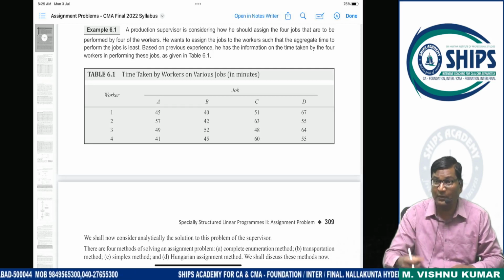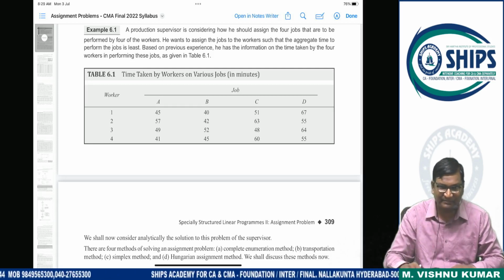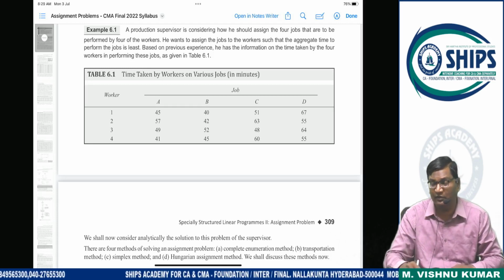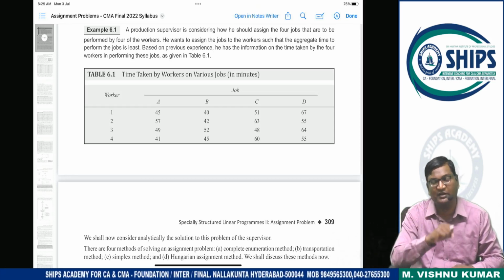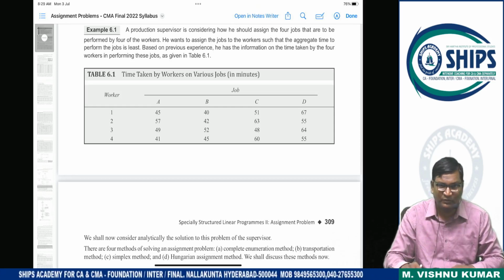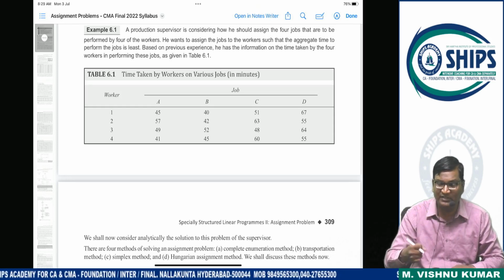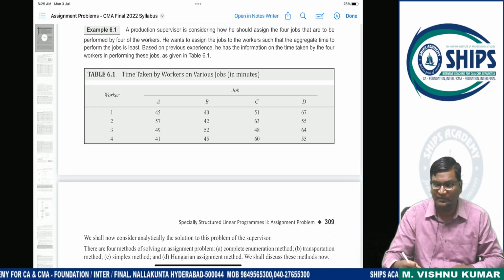He used the opportunity cost method. Previously in linear programming and the transportation model, opportunity cost is not covered. So because of that, it looks very challenging and time consuming.